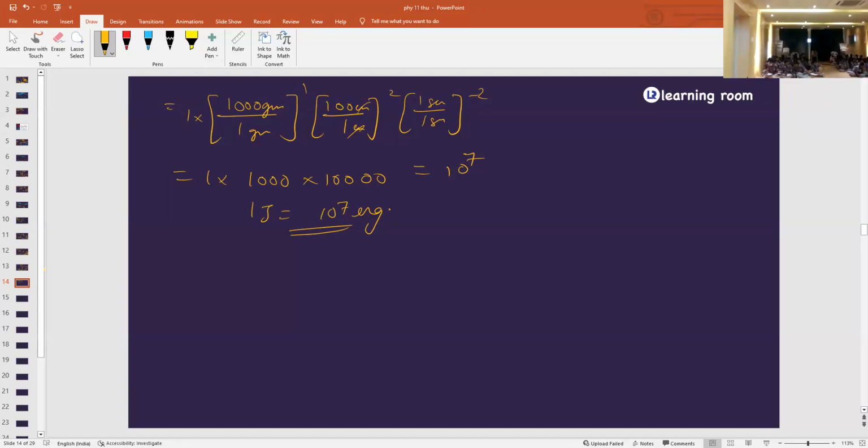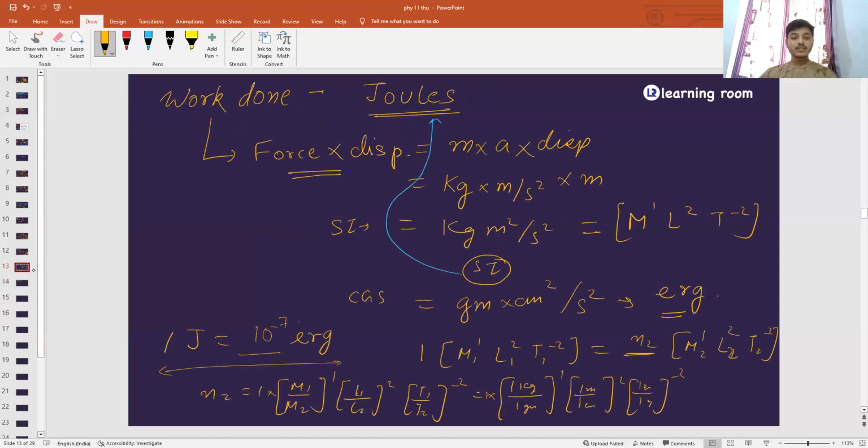In the last slide, sir. 1 joule is 10 to the power 7 ergs, not -7. Can you go to the last slide, sir? Okay, yes, here we have written -7. That's wrong. It should be +7. Sorry, thank you, sir. The girl who did that, please rectify it. It should be +7.